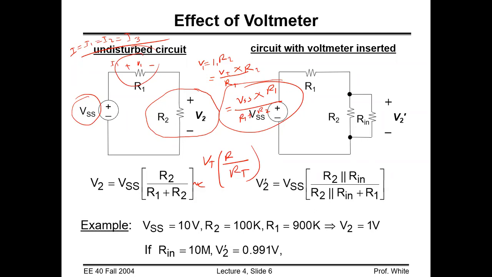RT means total resistance. If your circuit has four resistances, then R1, R2, R3, R4. If your circuit has two resistances, then R1 plus R2.